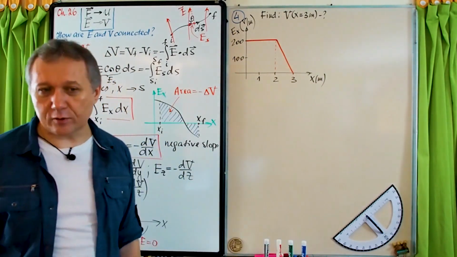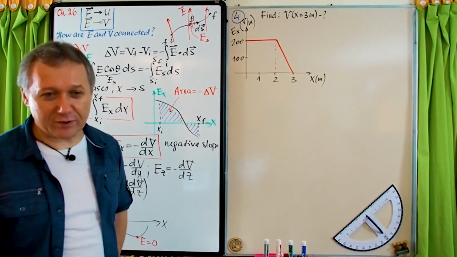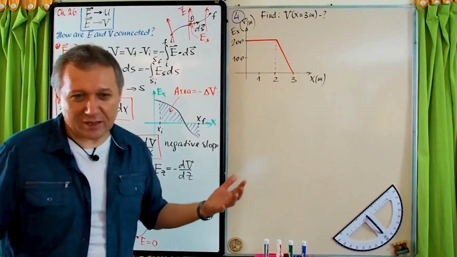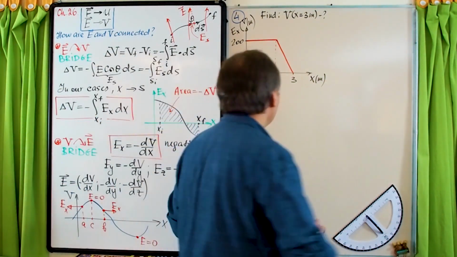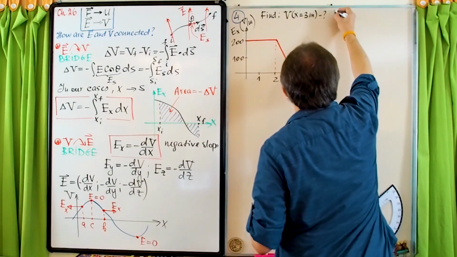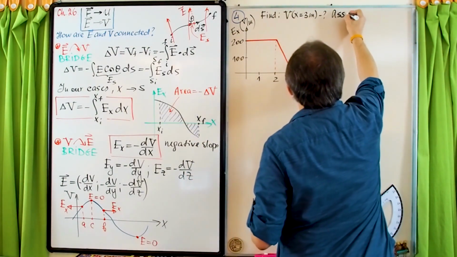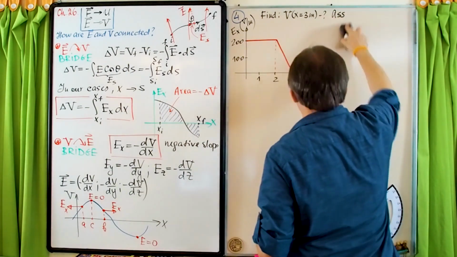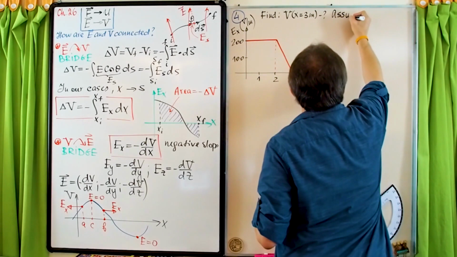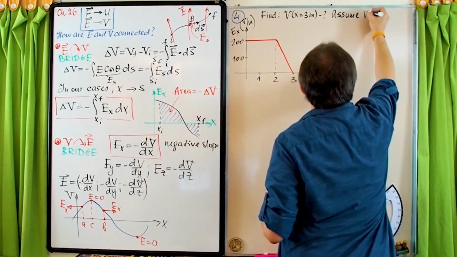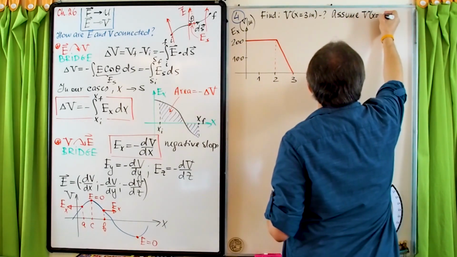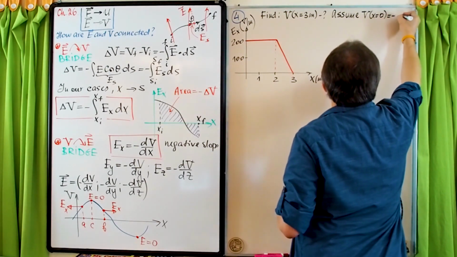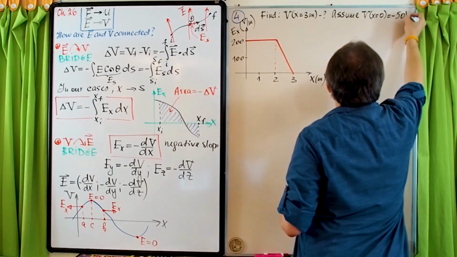So what's the big deal? We just have to crunch an additional number, but conceptually it doesn't change anything. Let me write, assume, because without this assumption we would be able to find only the potential difference. So we have to make this assumption: assume that V at x equals 0 is negative 50 volts.